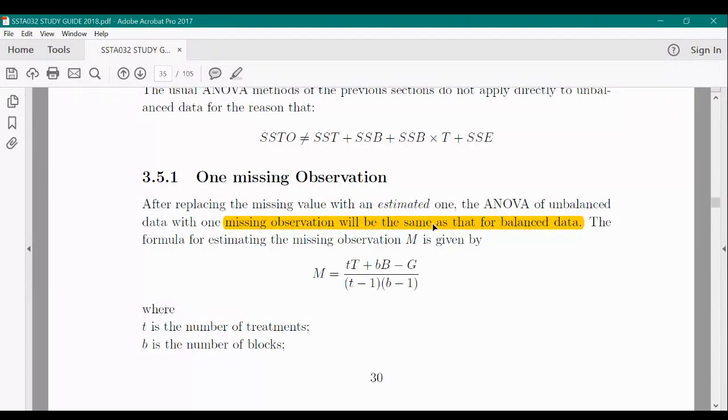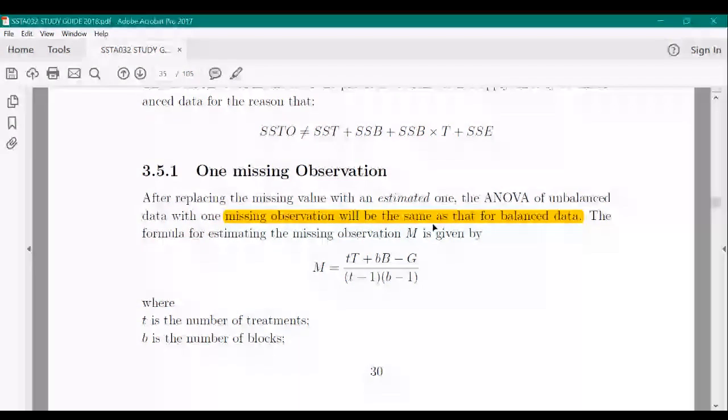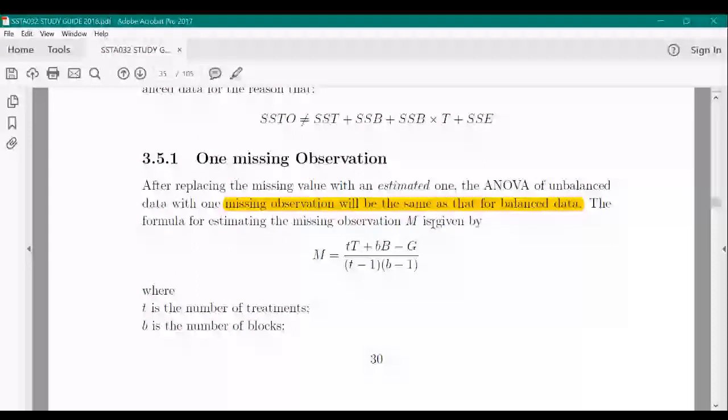You must estimate it, because you cannot perform the analysis without estimating that missing observation. So whenever you see a missing observation, rule number one, you estimate that missing observation. And now you do your calculations.